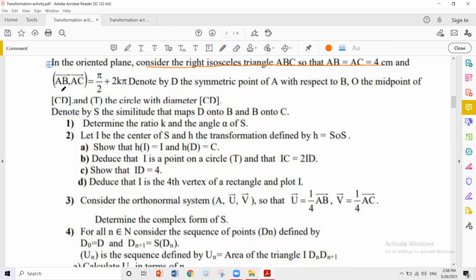Denote by S a direct plane similitude that maps D onto B, B onto C. Part 1, determine the ratio and the angle of S. How to calculate the ratio and the angle?